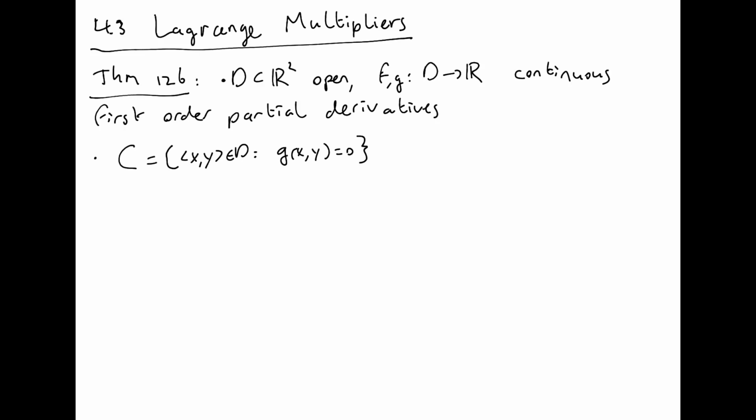Okay, so now obviously if we want to maximize or minimize this, let me write actually the goal. Let's do this in blue. So the goal is to maximize or minimize a function over a curve.